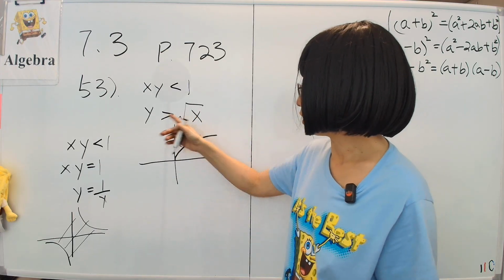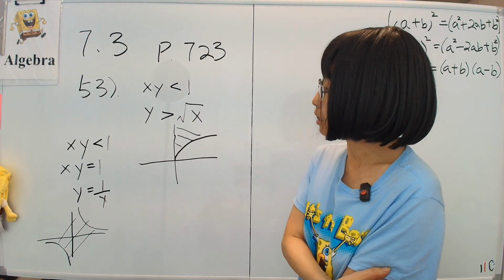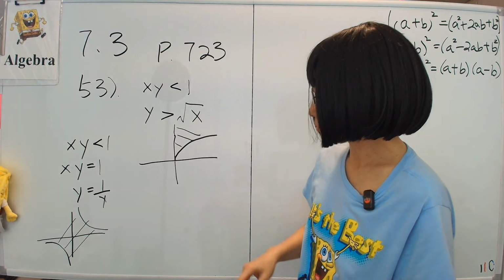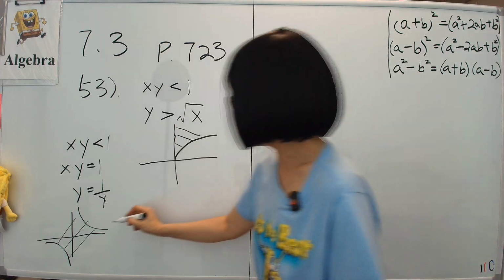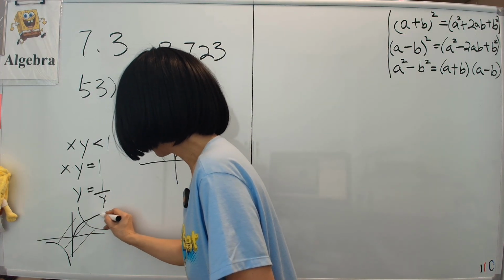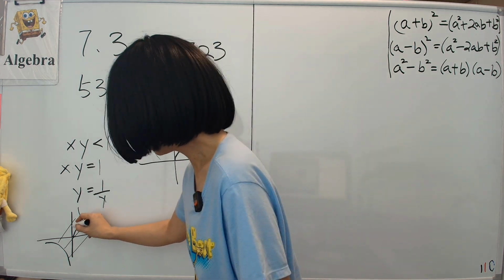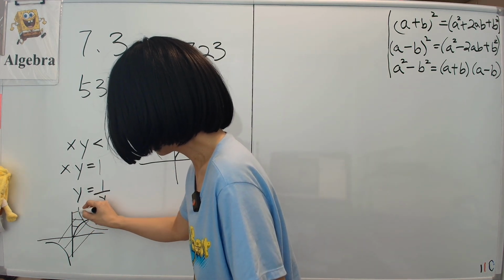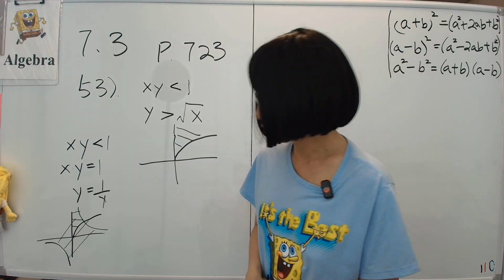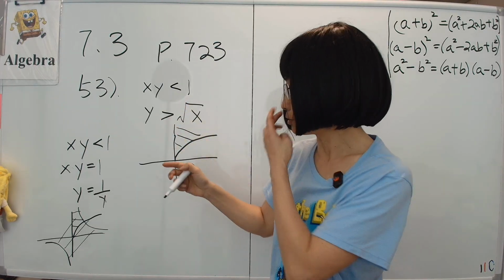So then we need these two conditions together. If they're together, we'll draw that here, something like this. And what is common for both? That would be this area right here. And the boundary is dotted because we don't want any equal to.